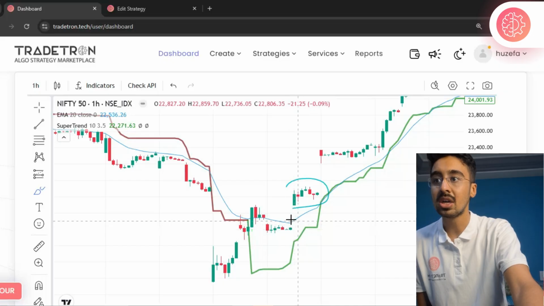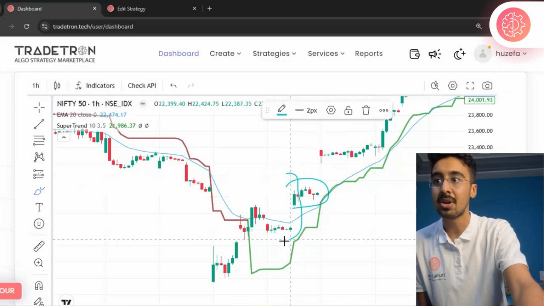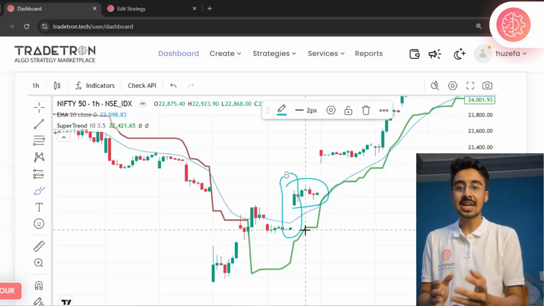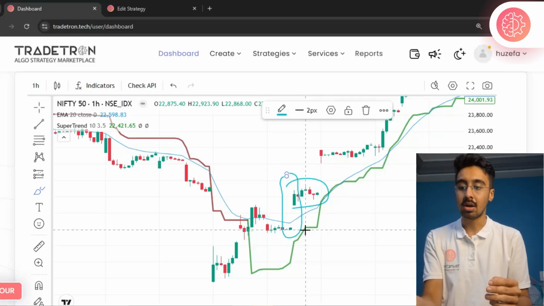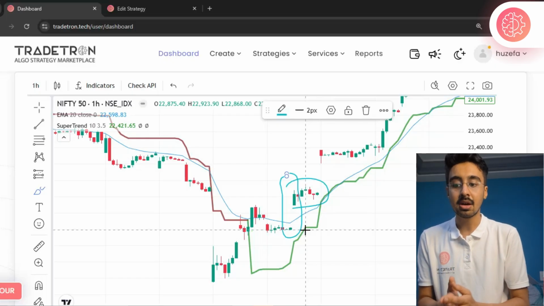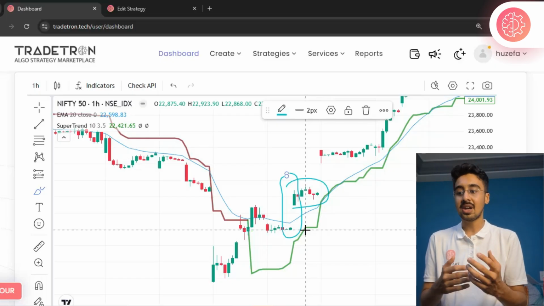For example, out here, this is one example of where the strategy would trigger an entry. Whenever we have a long signal, we are taking a long trade, which is nothing but a bull put spread. A bull put spread is a credit spread where we are receiving credit.